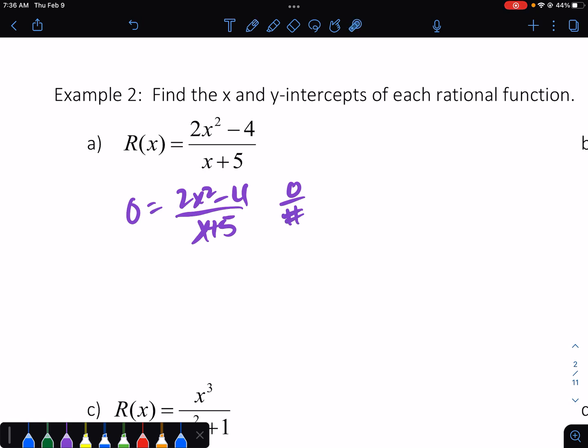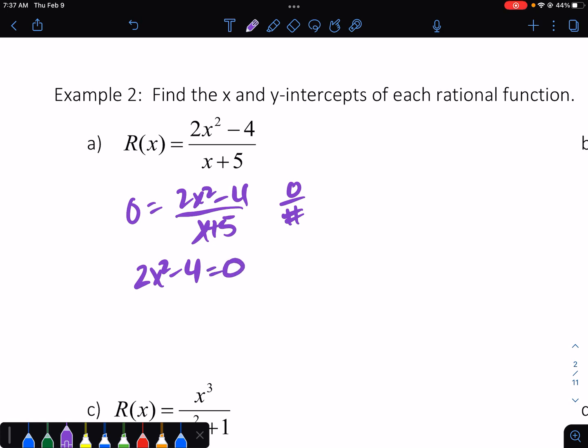So when we're looking at the x-intercept, I don't actually care about the denominator at the moment, because we are only caring about the top, because 0 over any number will give us the x-intercept.